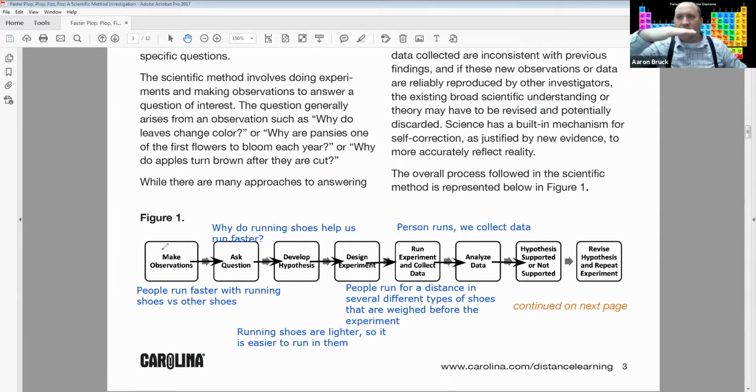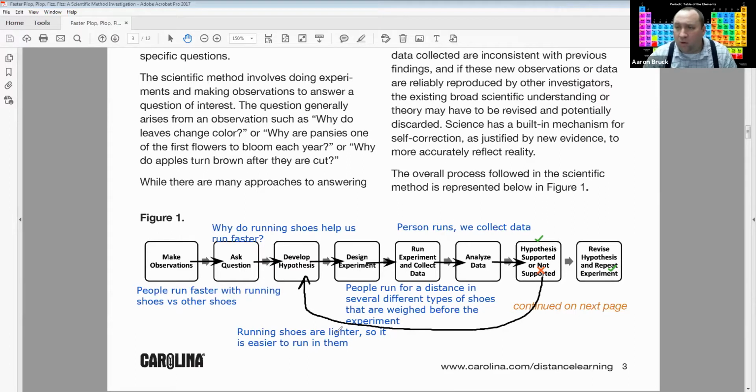We do this, and then we do this, and then we do this. If the hypothesis is supported, then chances are we go and we repeat the experiment, and we continue to gather data to support this hypothesis. But if the hypothesis is not supported, then we go back to the hypothesis stage.